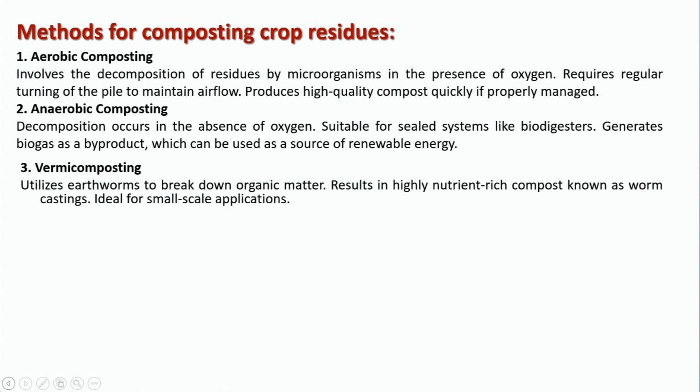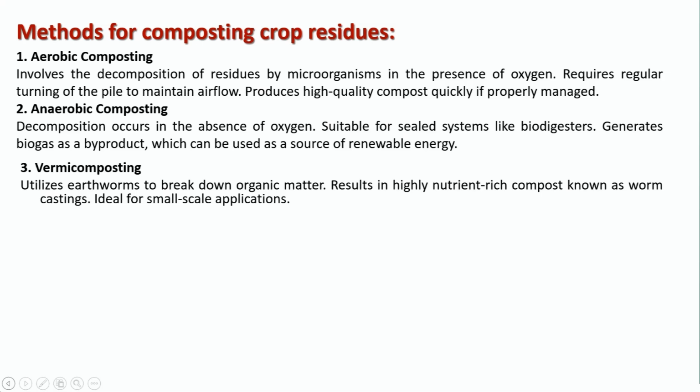As well as, very commonly in the present context, vermicomposting, which uses earthworms, is coming up heavily, because they have a tremendous capacity to break down those resources and convert them into organic matter, resulting in a highly nutrient-rich compost, rich in NPK.